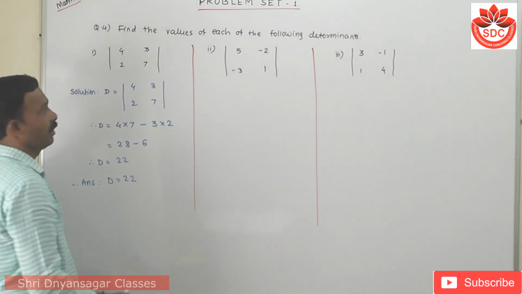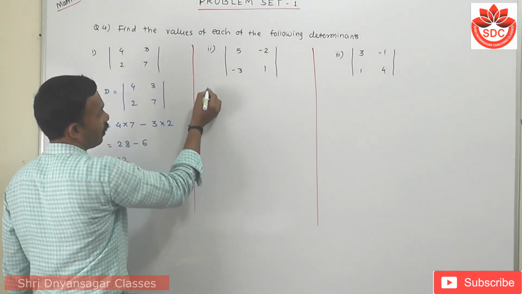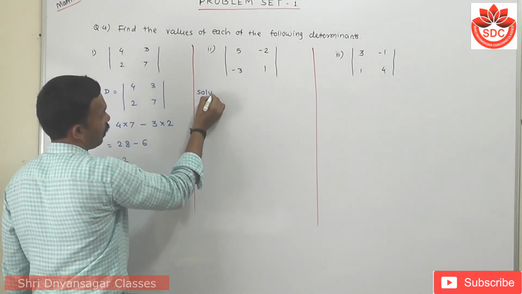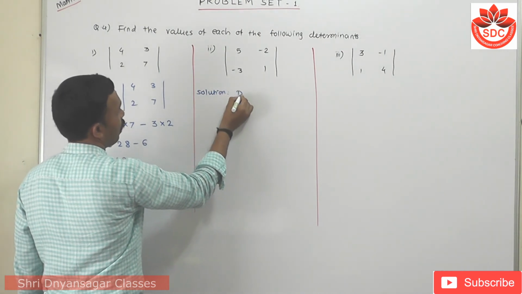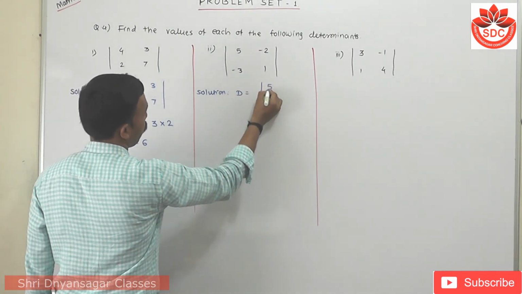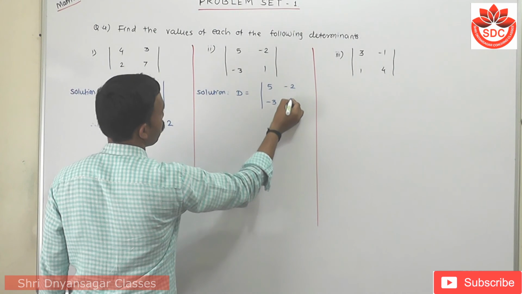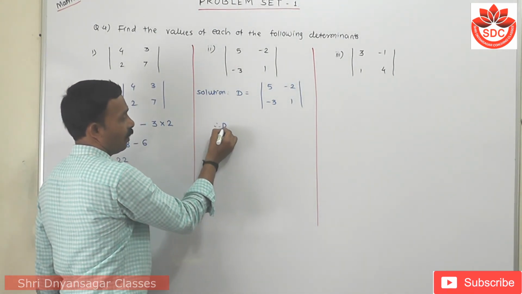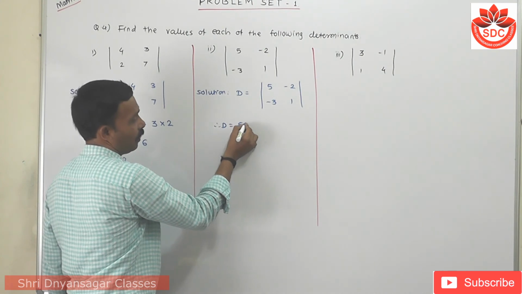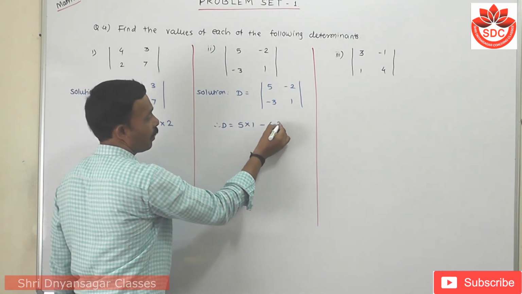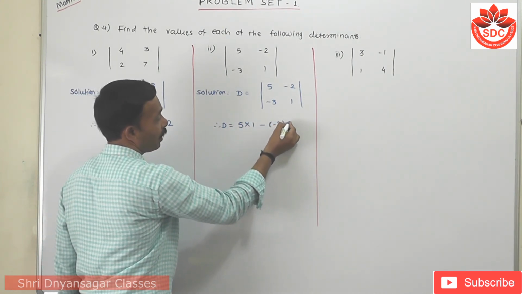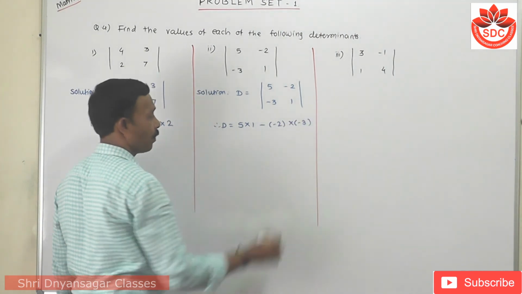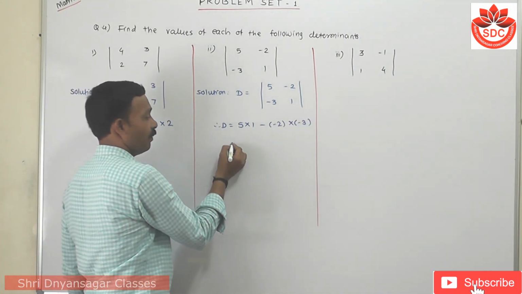So simple. Then the next, second determinant is 5, minus 3, minus 2, 1. Now we can find the value. D is equal to 5 into 1 minus minus 2 into minus 3. Student, 5 ones are 5.